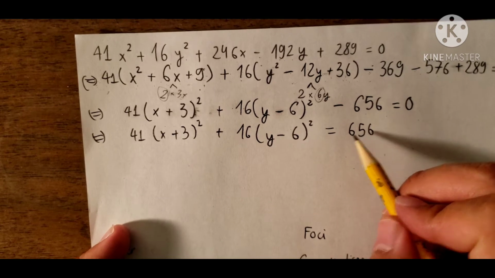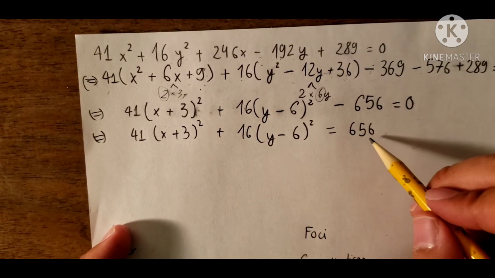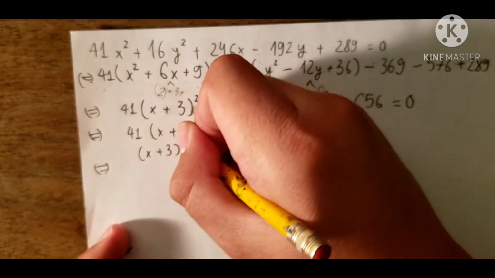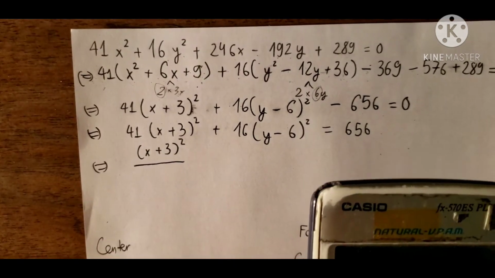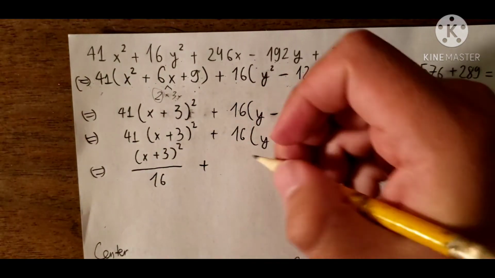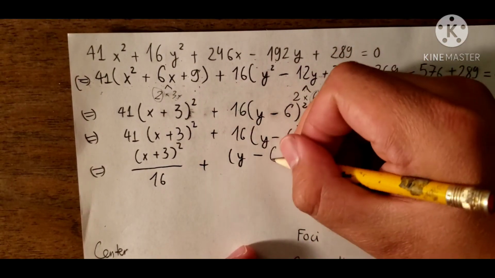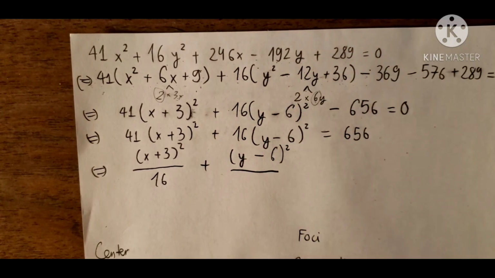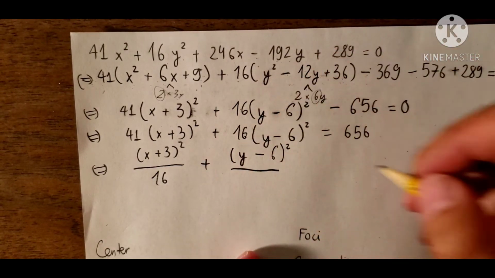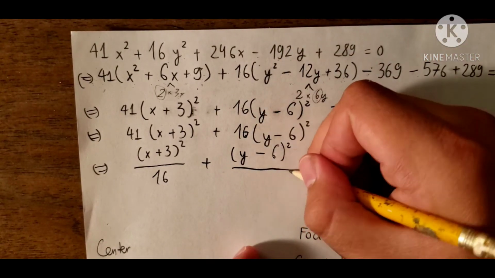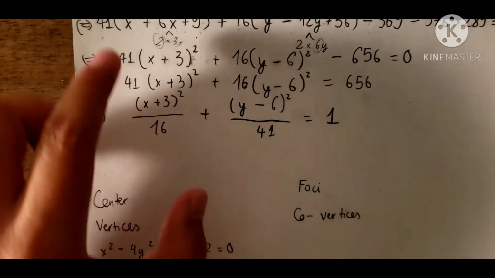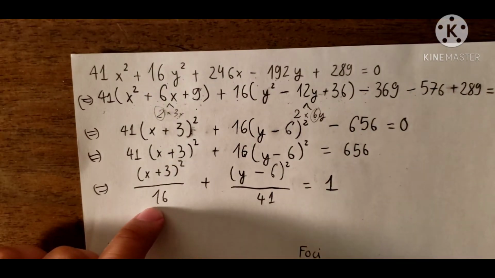Then we divide the equation by 656. 656 divided by 41 gives 16 here, and we get 41. Now we have converted the equation to the ellipse equation.